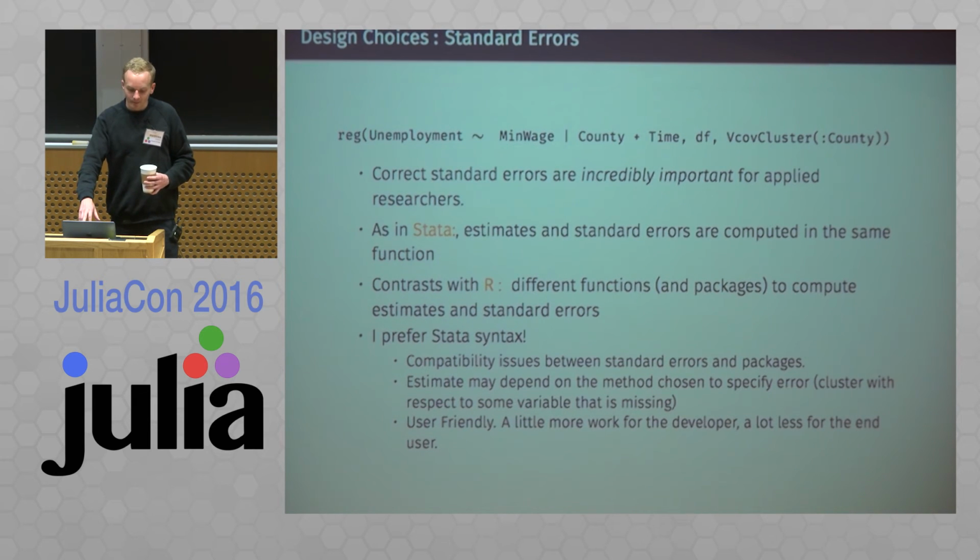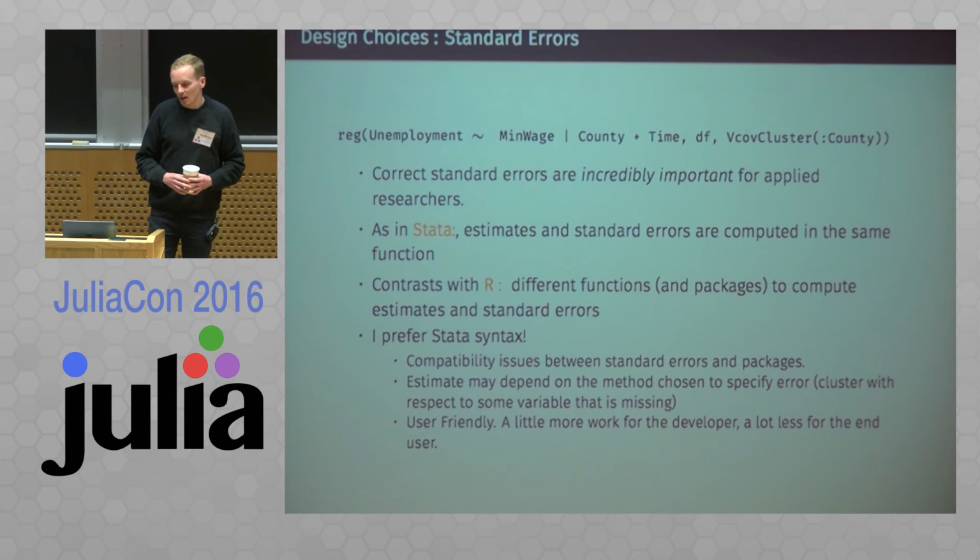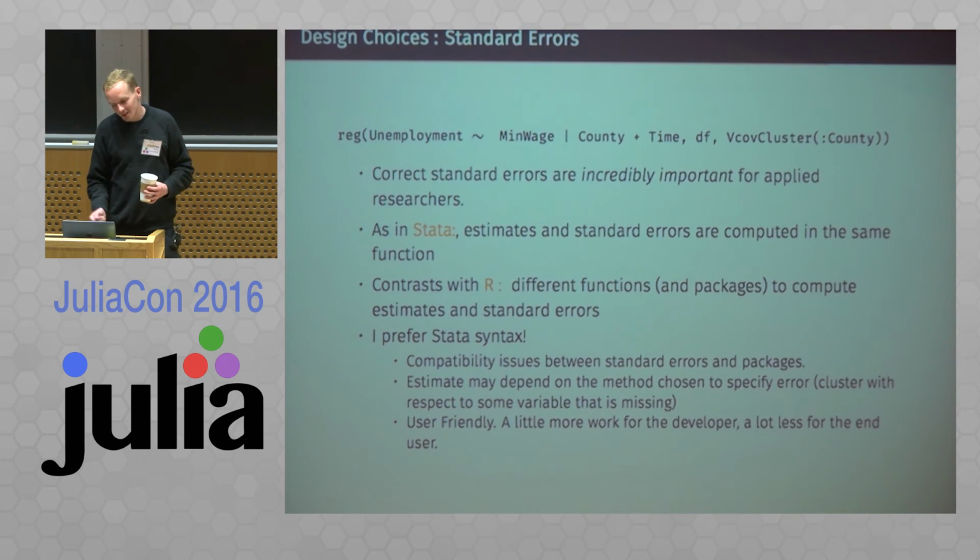So you see here, I compute the standard errors with VCOV clusters, so it's cluster standard errors. Generally, the county is going to be an important variable. I'm not going to explain what cluster standard errors are, but basically you need a county variable.